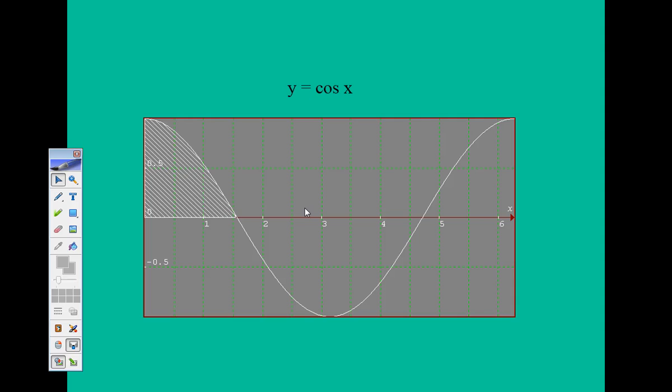So this graph just gives you the graphical representation of letting b equal pi by 2, so we found the area under the curve of the cosine graph from 0 to pi by 2.